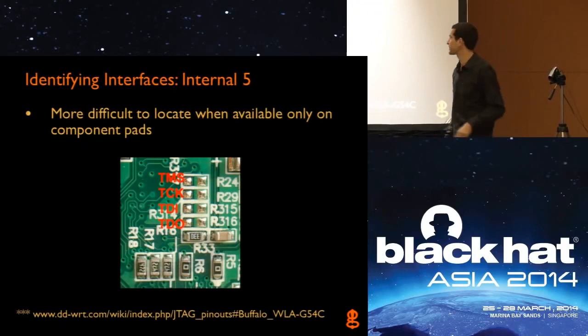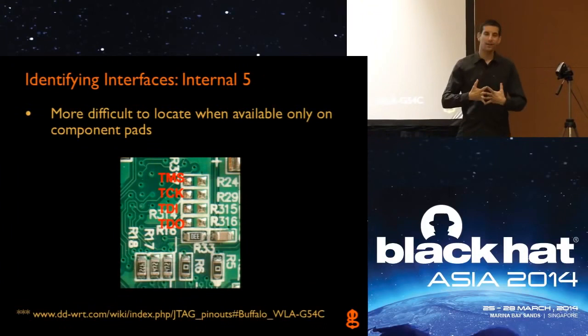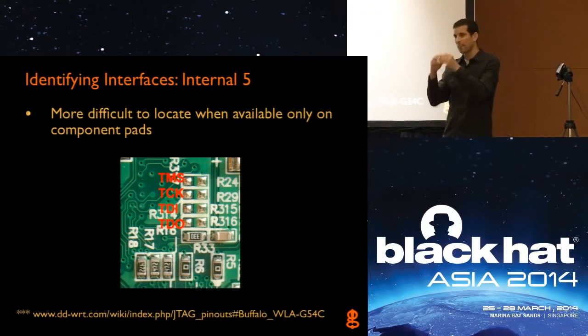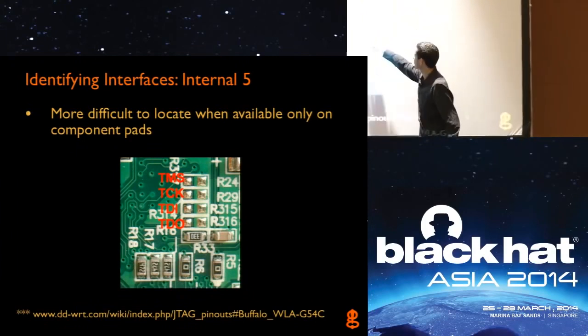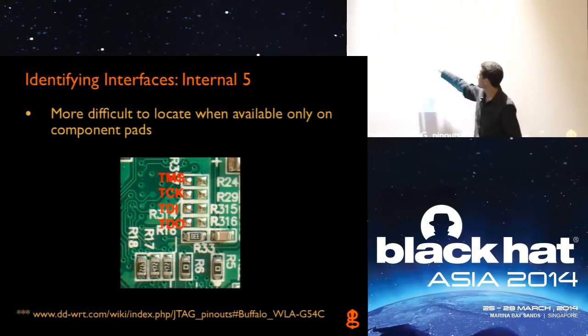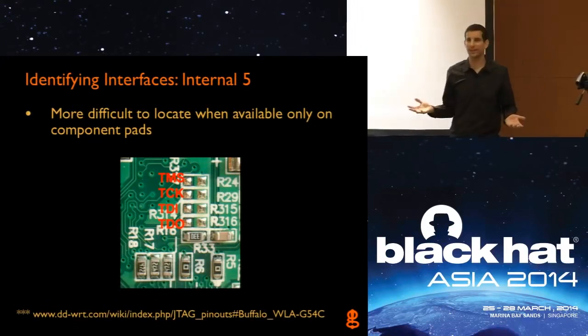Another thing that some vendors try to do is, instead of using connectors or test points at all, use existing part packages. So in this case, there are four resistor footprints, but these are the actual JTAG connections. So it's security through obscurity, right?